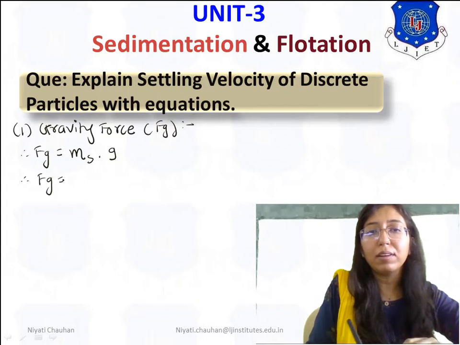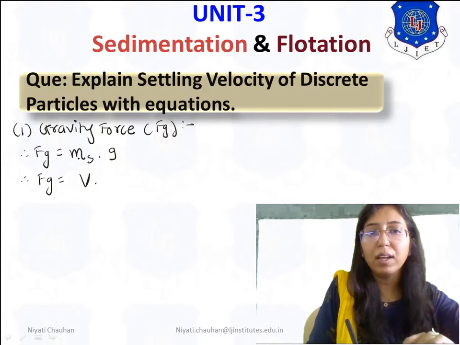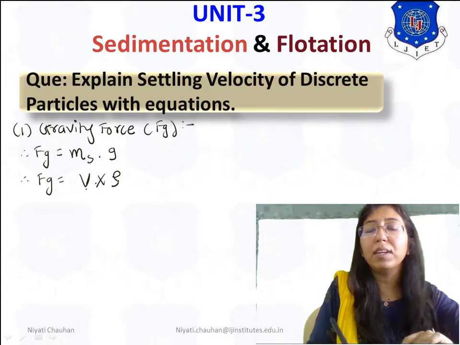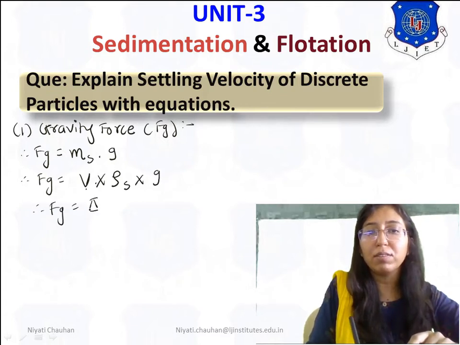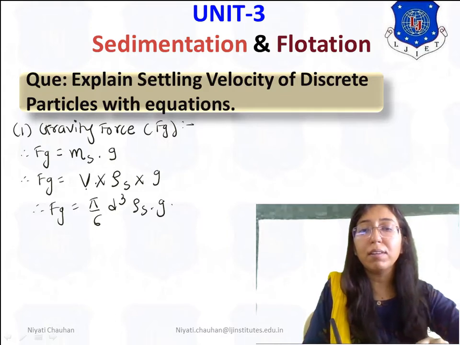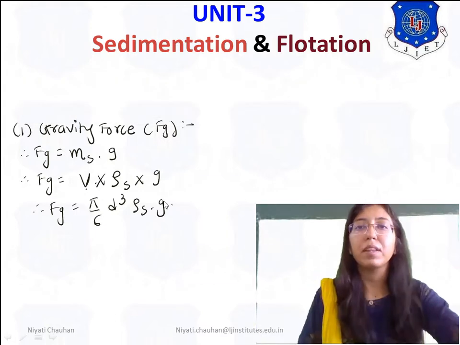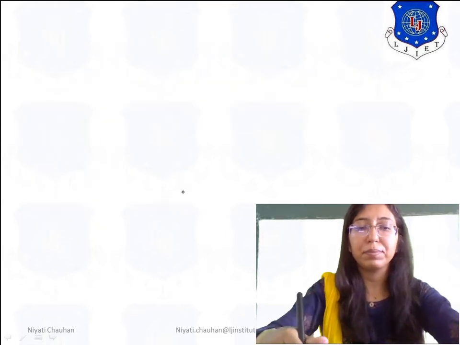We know that mass is equal to volume into density. Here I am taking density of object, so Fg is pi by 6 d cube rho s into g. Give equation number 3.